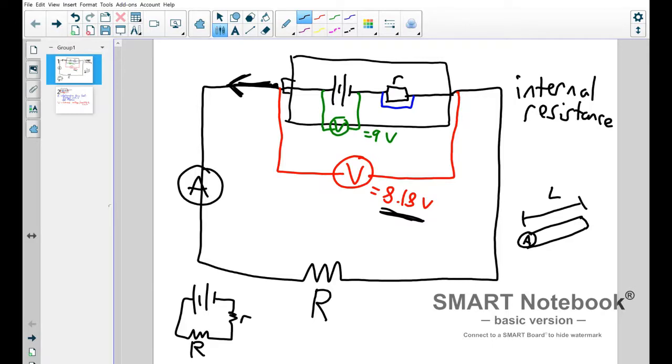So Kirchhoff's law says, however much I gain in the battery, I use in the circuit, or I use in the resistors. So if I get 9 volts from the battery, some of it is used in the external resistance and some of it is used in the internal resistance, but I have to use it all up. Gain 9, use 9.